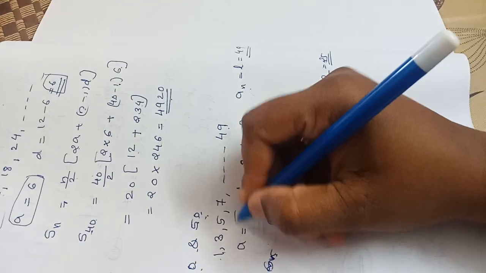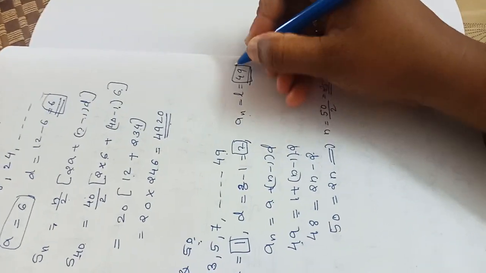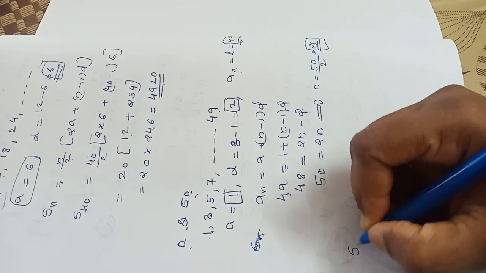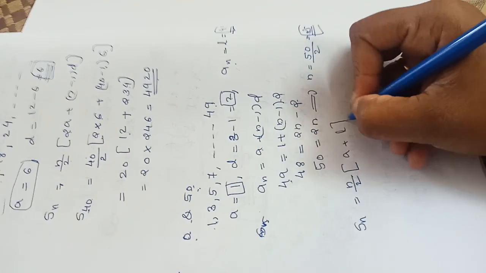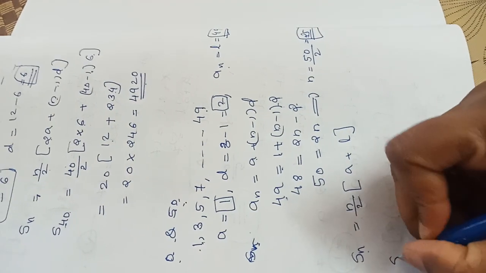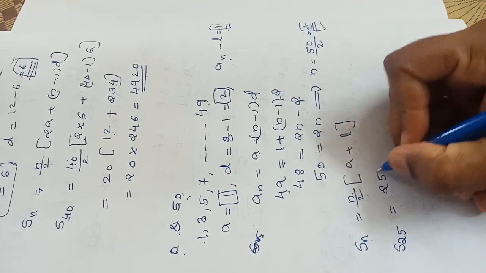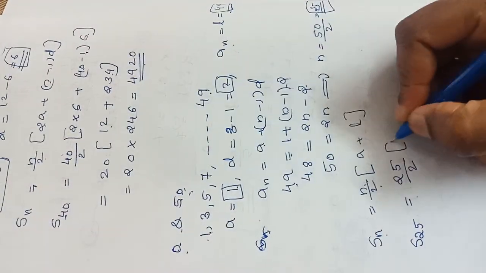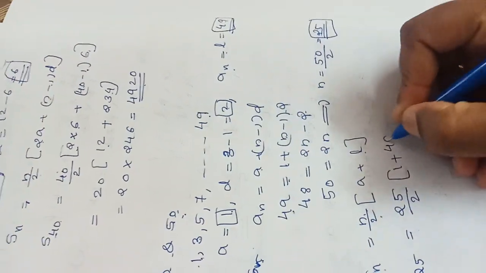Now you have A is equal to 1, D is equal to 2, L is equal to 49 and n is equal to 25. Next I am going to apply the equation Sn is equal to n by 2 into A plus L. What is n here? n is equal to 25. So S25 is equal to n by 2, that is 25 divided by 2, into A plus L. A is equal to 1, L is equal to An is equal to 49.